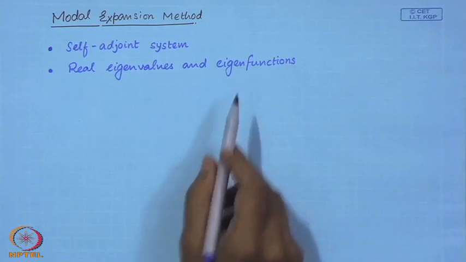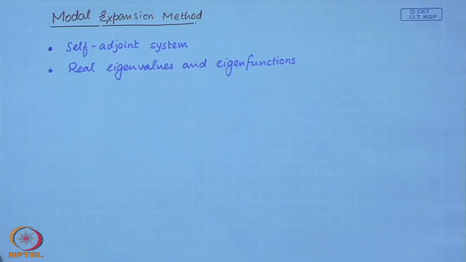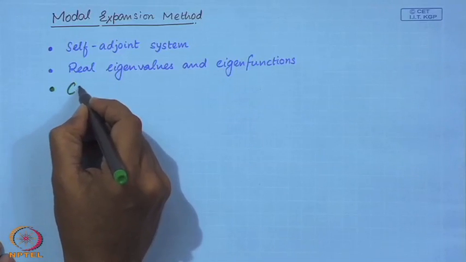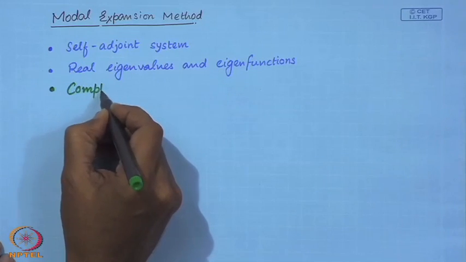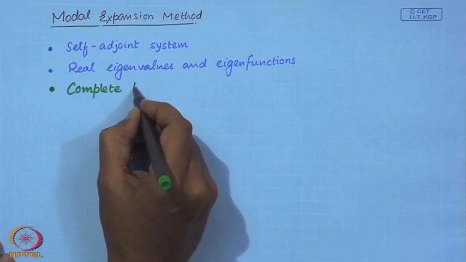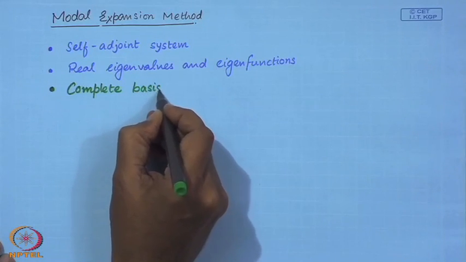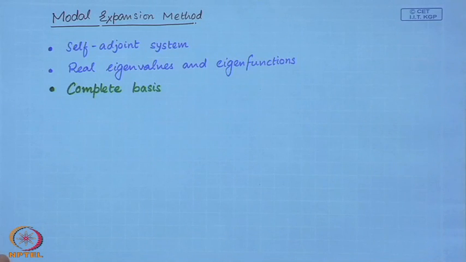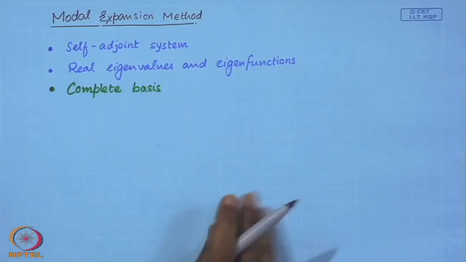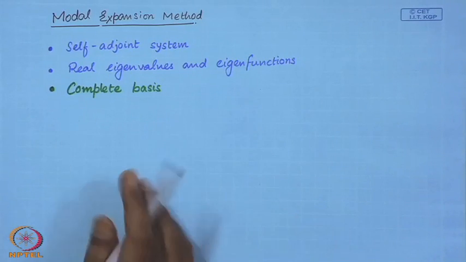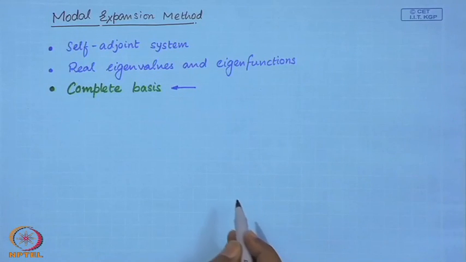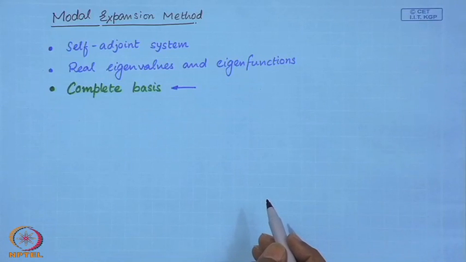Now, these eigenfunctions have this additional property that they form a complete basis. This is the underlying thing that is used in the modal expansion method. So, this property is of fundamental importance in the modal expansion method.